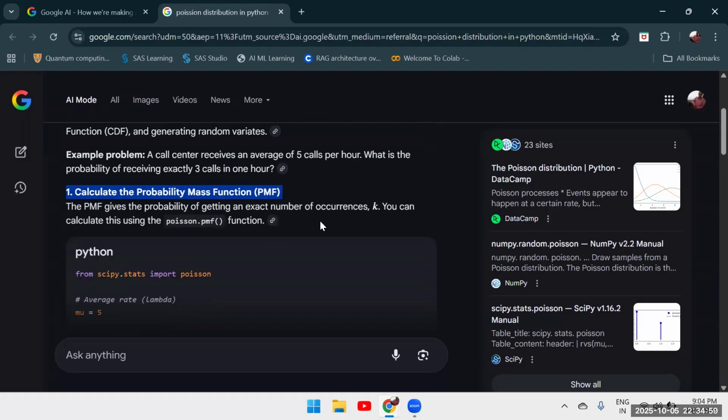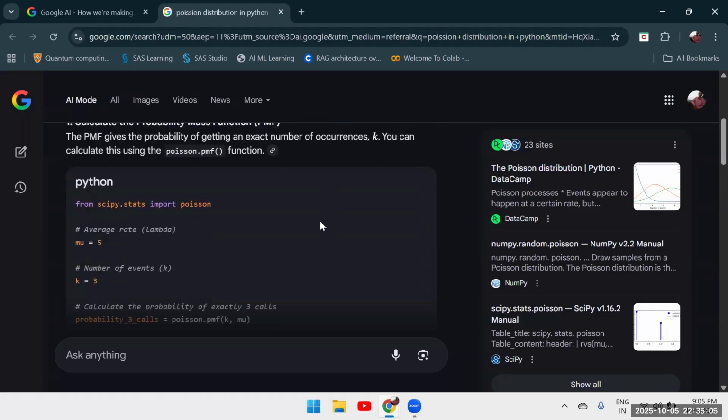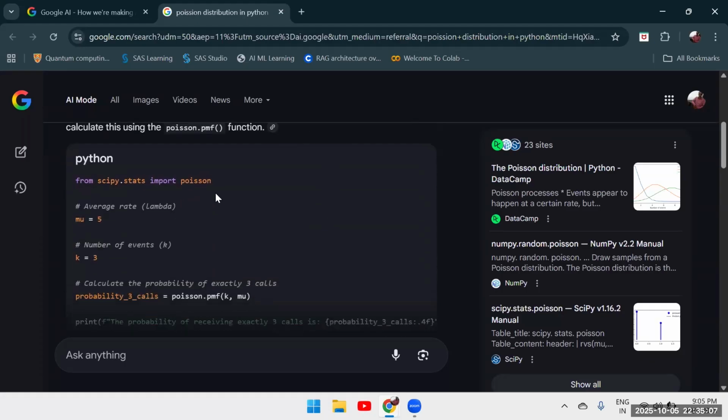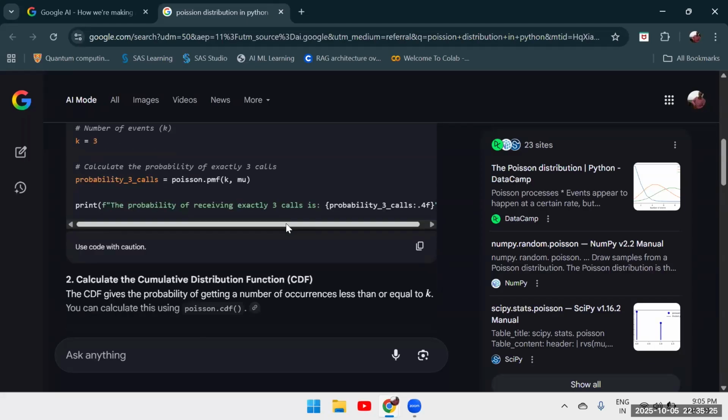PMF gives the probability of getting an exact number of occurrences. You can calculate this using the Poisson PMF function. So what they did, the average rate they came up with, that is mu or lambda, and the number of events they mentioned as 3. So for the probability of 3 calls, they are saying k comma mu, and it is going to give us a probability.